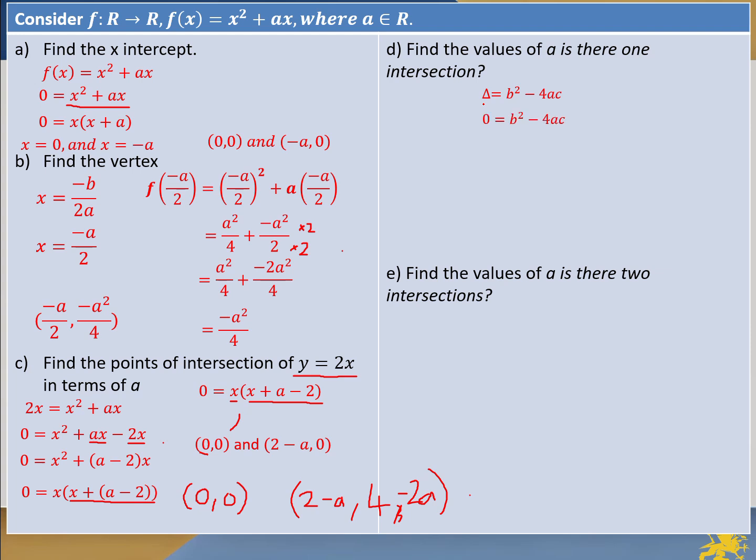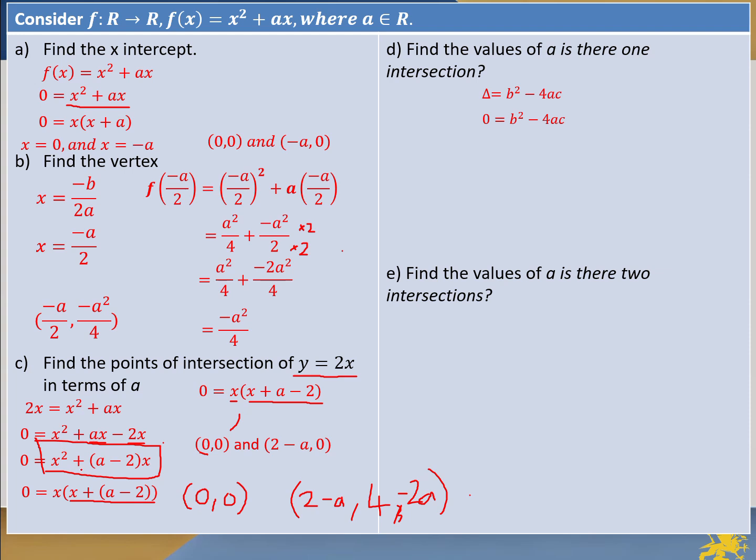I substitute what my B is, what my A is, and what my C is. And that's the reason why I wanted it in that form that I started off with, because it makes it easier. So in this case here, we are using this rule here. I'll just box it.